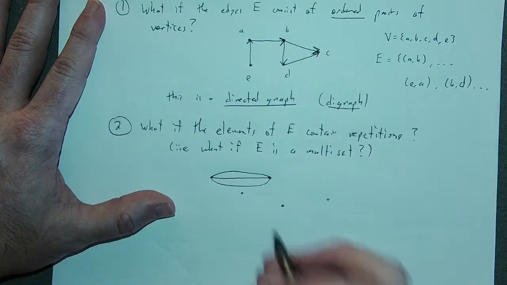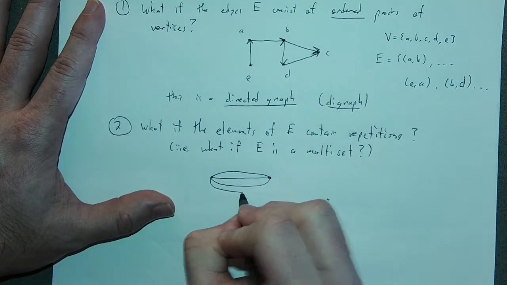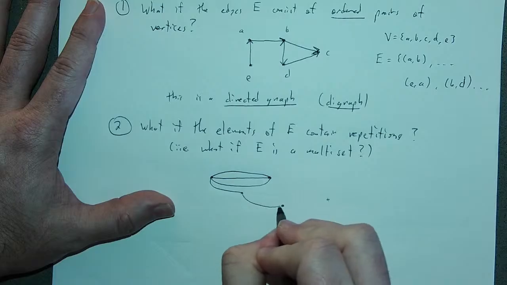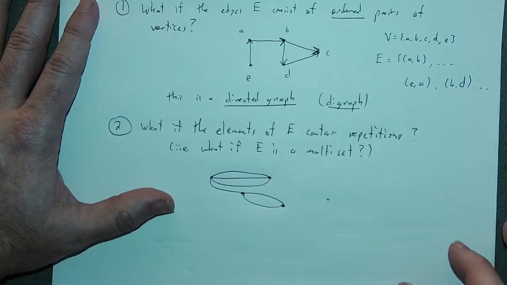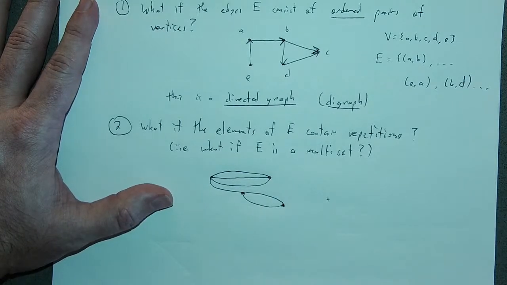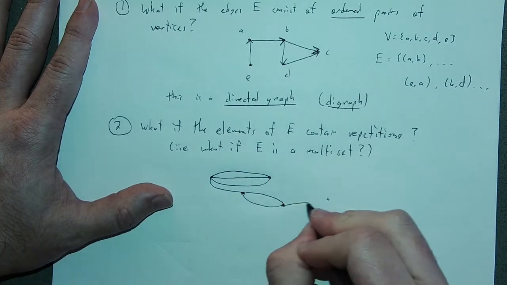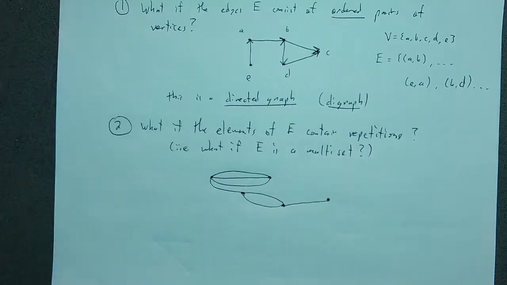And then maybe this edge only repeats once, and then maybe we have these edges. This edge repeats twice in E, and then maybe something like that. So I have 5 vertices here.